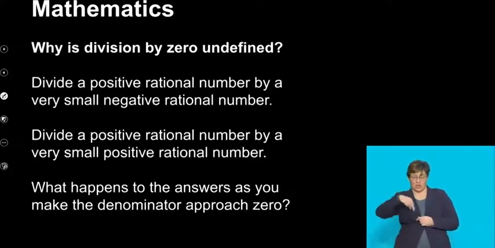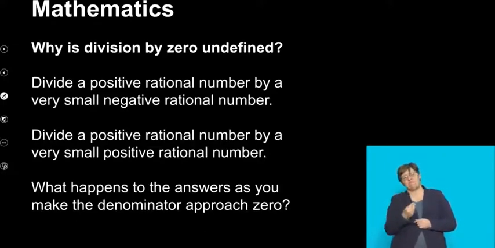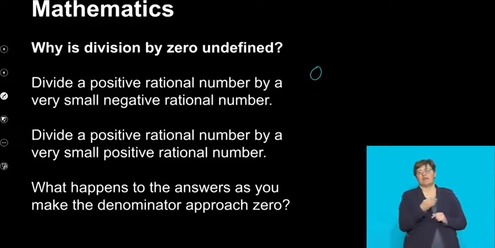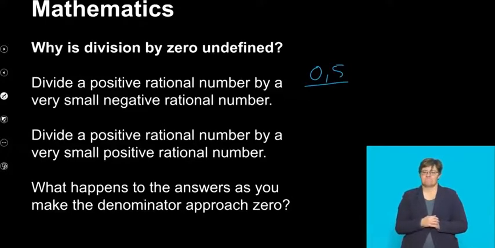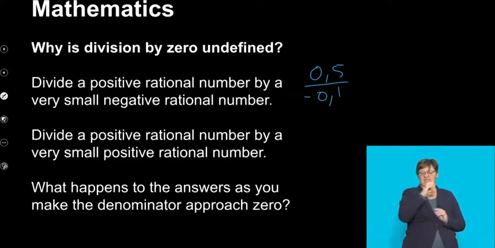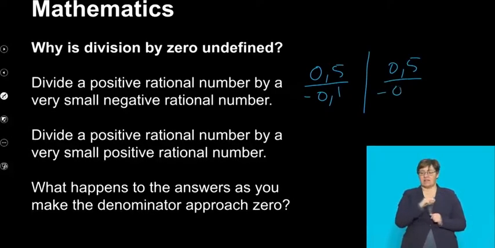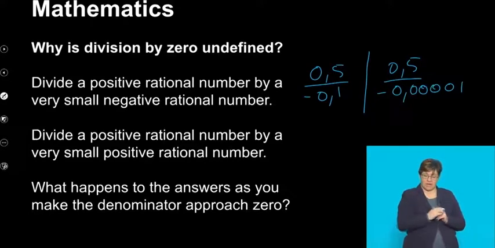So let's say I have a positive rational number, 0.5, and I divide this by a very small negative rational number, so negative 0.1. That's where I'm going to start. And then I'm going to take the 0.5 as well, and divide it by negative 0.00001, a very small one, right?